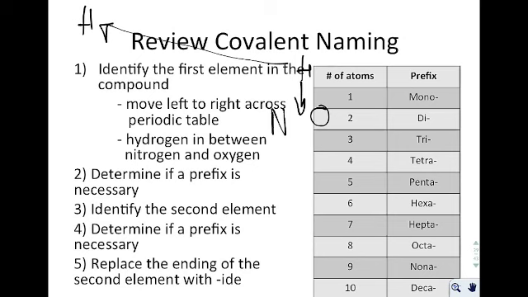So you would say dihydrogen monoxide, but you would say nitrogen dihydride because of where hydrogen is on there. Now, you need to determine if a prefix is necessary. Remember, we don't use the prefix mono on the first element. We always use the prefix on the second element. And we always replace the ending of the second element with "-ide".